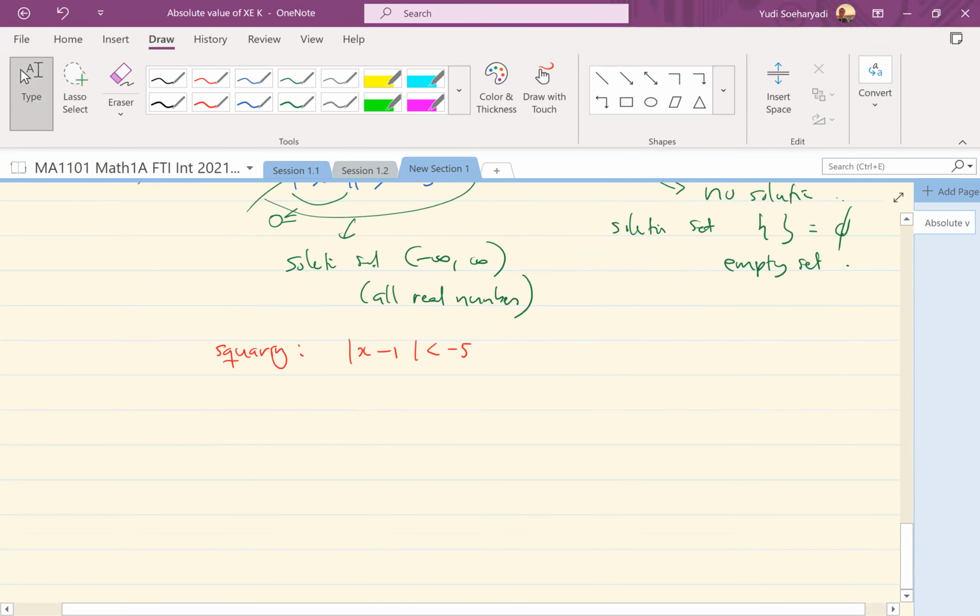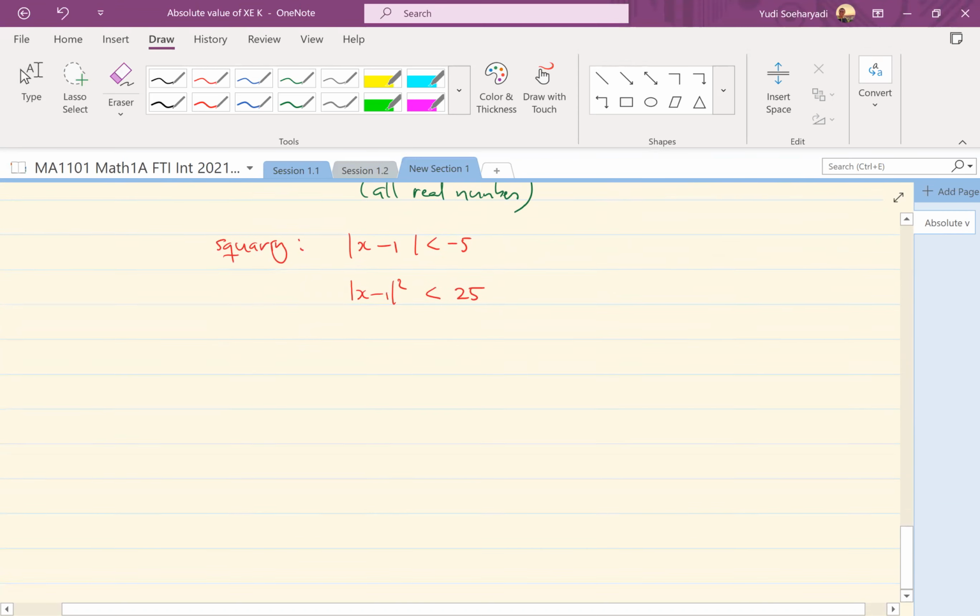All right. If you square this, you get something like this to solve.